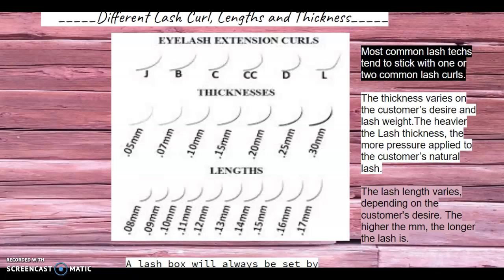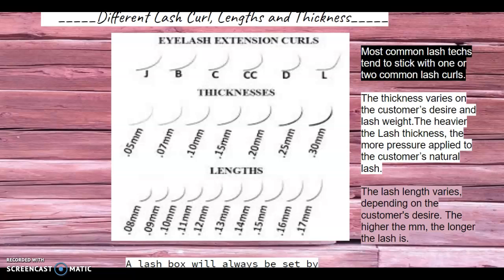So moving on to thickness. This is very important. I tell everybody that takes this course, your job as a lash tech is to make sure that your client receives the style they want while properly giving them the service. Meaning that it has to come out not only looking nice, but it has to be healthy for their lashes.